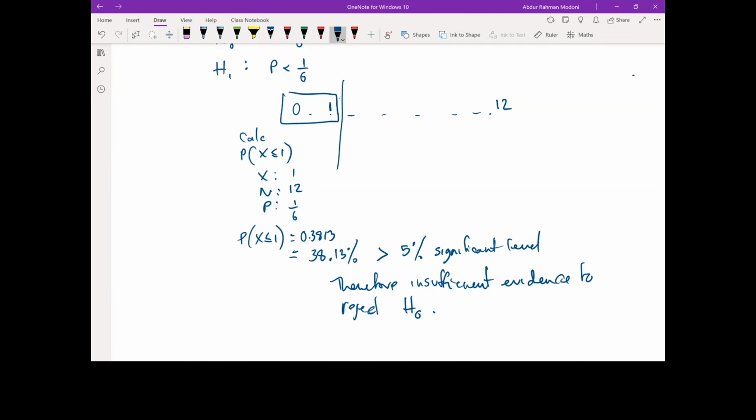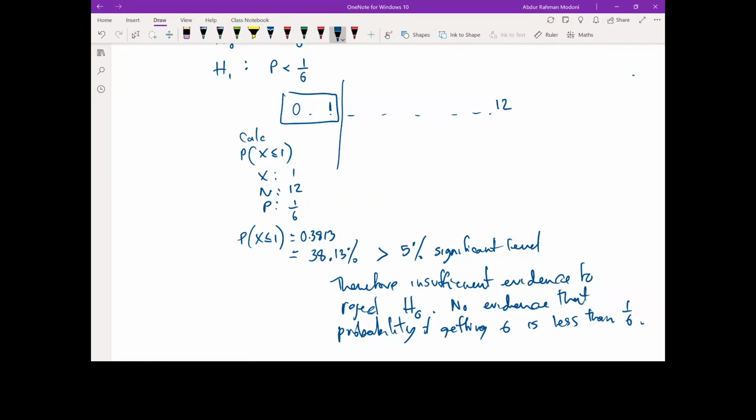So there is no evidence that the probability of getting a 6 on the dice is less than 1/6, is essentially what that's saying.